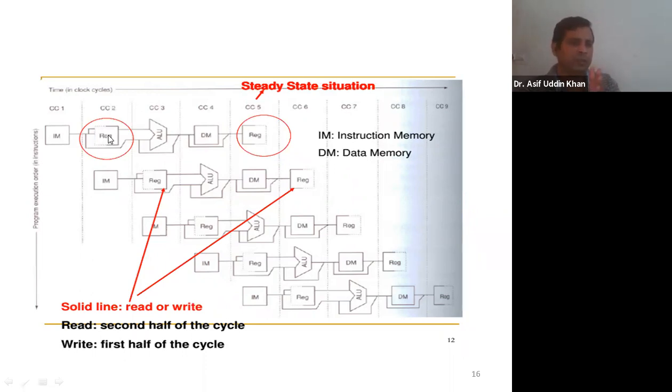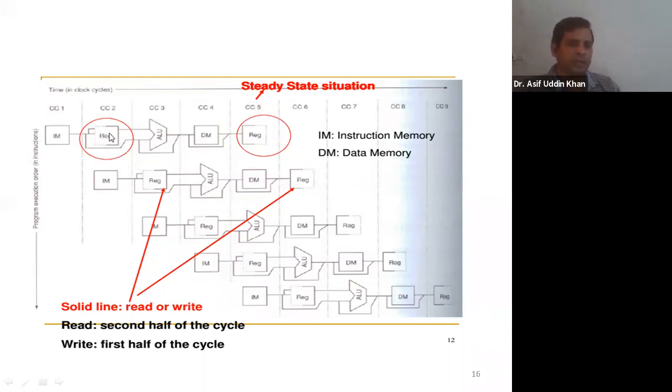So how are these two operations done in one clock cycle? Actually, we use half of the clock cycle each. The clock cycle is divided into two halves, first half and second half. In the first half, the instruction can be decoded, and in the second half, the register can be read.